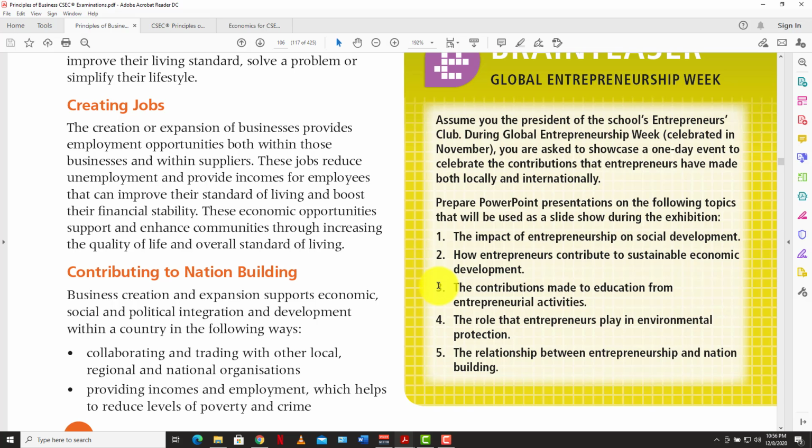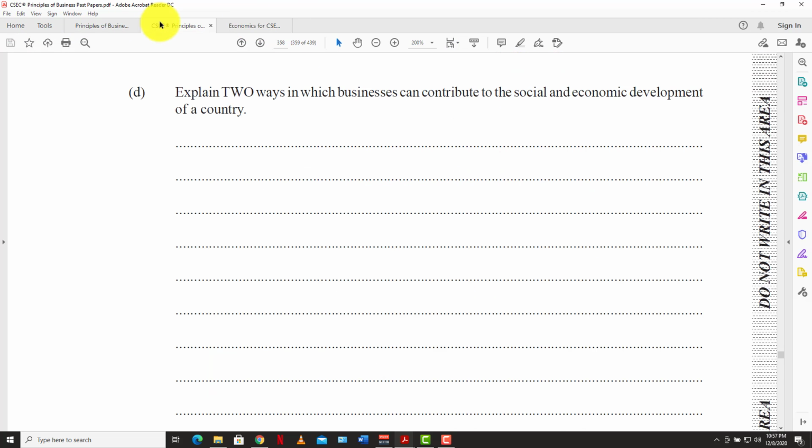So that's another way in which businesses can bridge the gap between certain countries, certain governments, on a diplomatic level, just because they are there to conduct business, and so they would operate in a certain way. All right, so those are some of the main ways in which businesses can help the country to develop, both on a social level and an economic level. Social and economic development in the country.